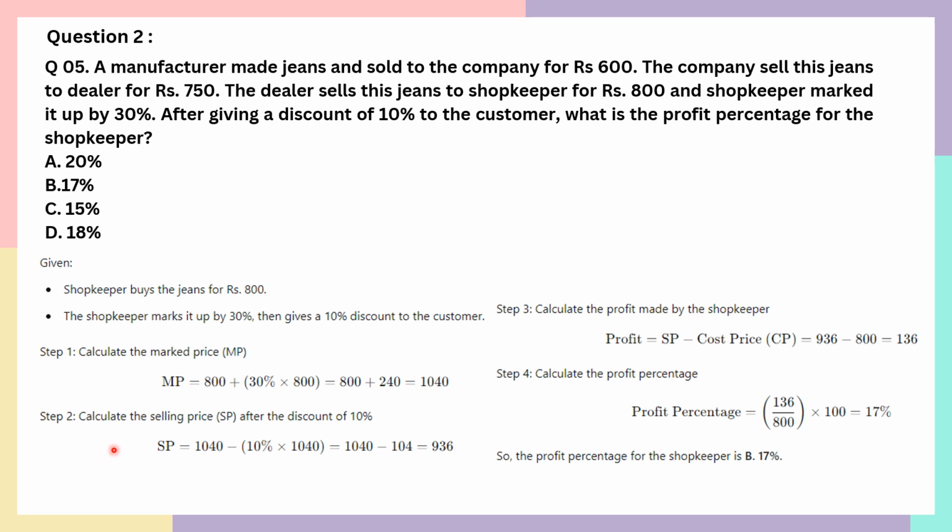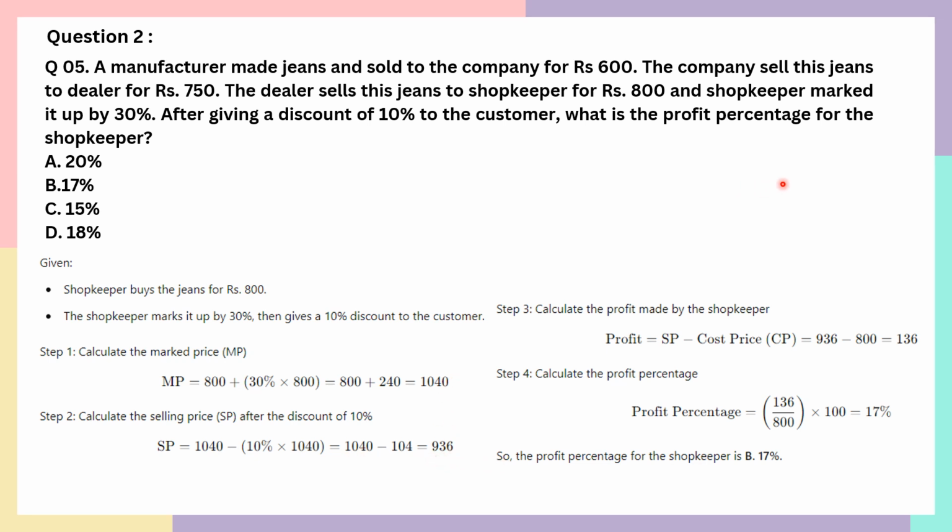Now in the second step, we have to calculate the selling price after the discount of 10%. So the selling price will be market price minus 10% of the market price, which gives 936.